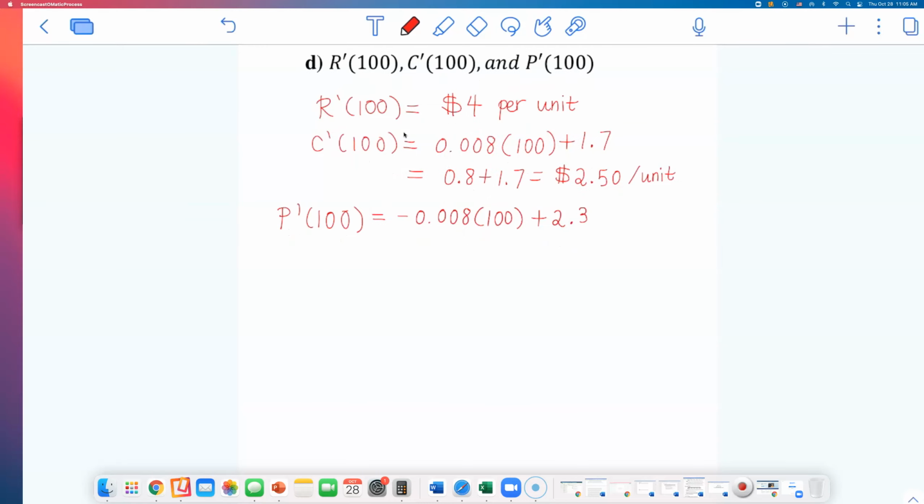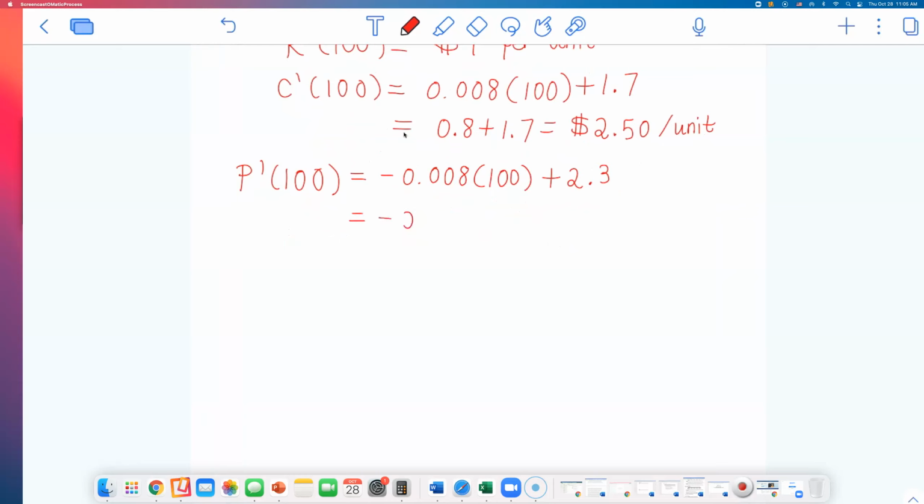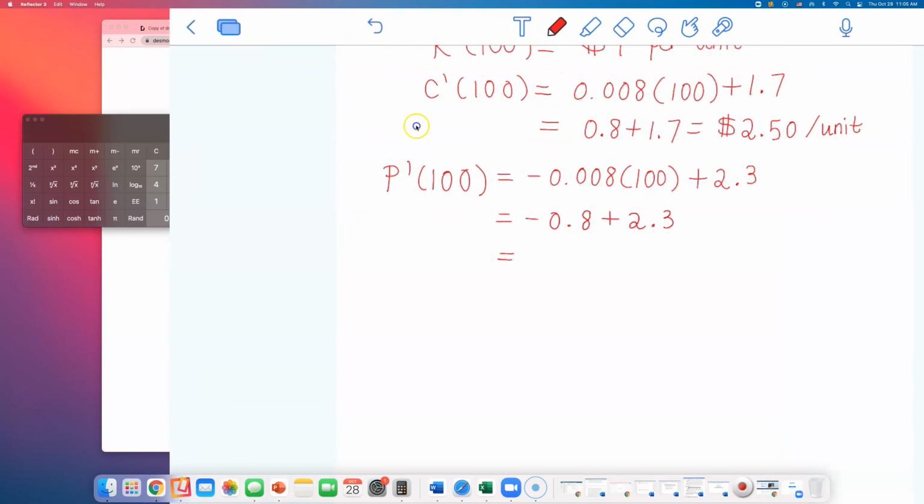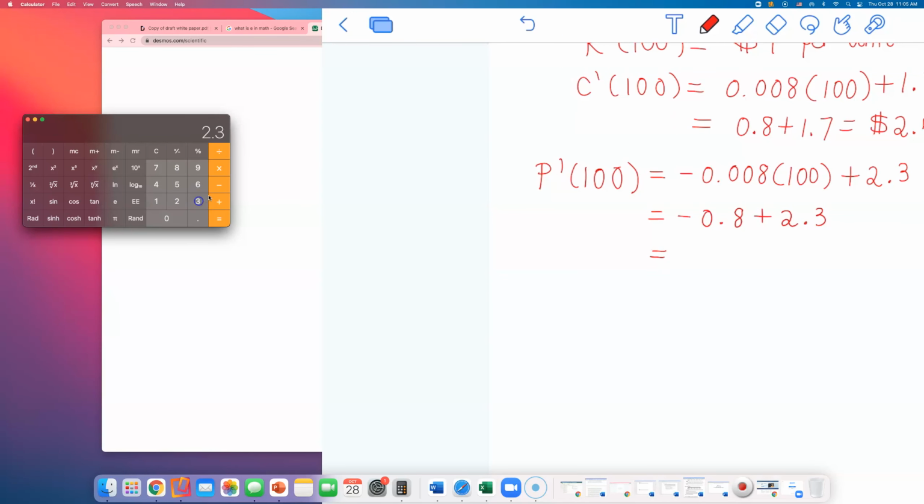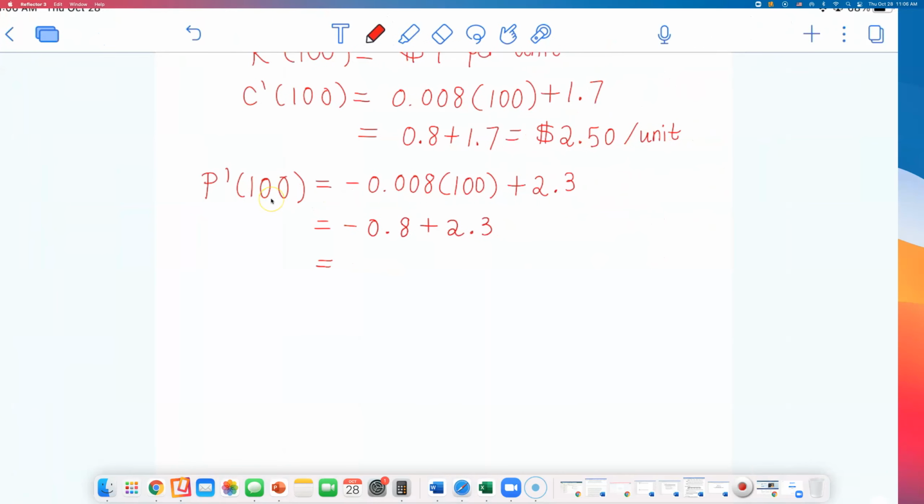So what's that going to be? That is negative 0.8 plus 2.3. So $2.30 minus 80 cents. The marginal profit is $1.50 per unit at x equals 100. So $1.50 per unit. Okay, at the time they produce and sell 100 units.